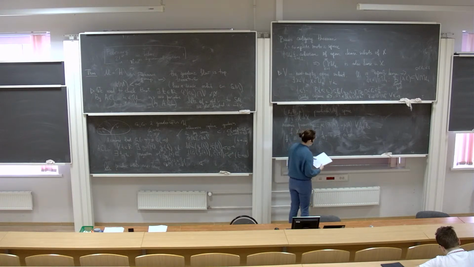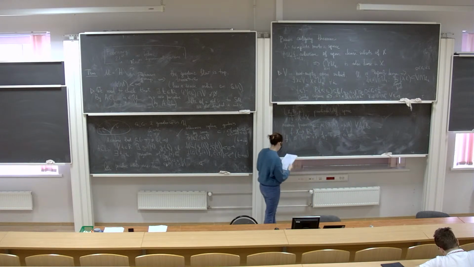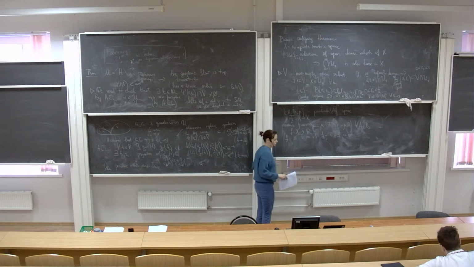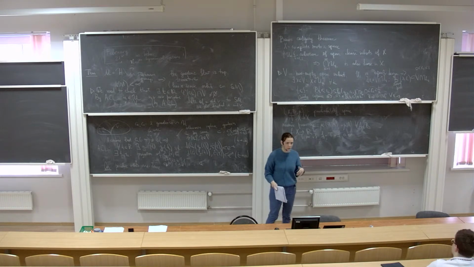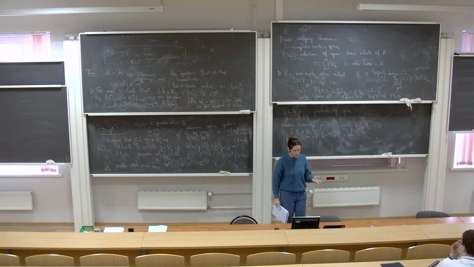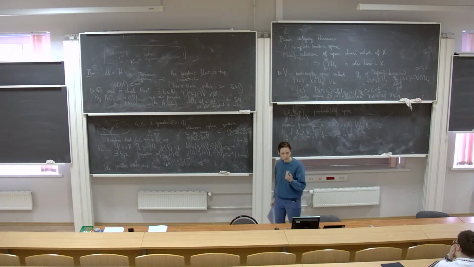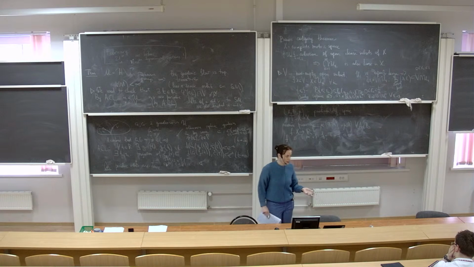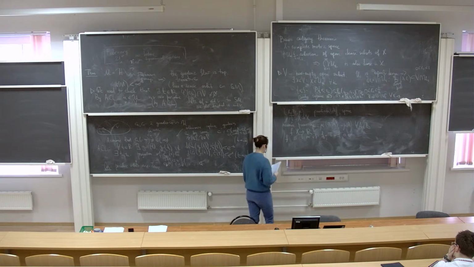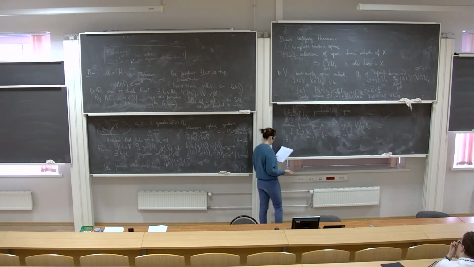So it means on a set of measure 1. And you know the definition of ergodicity that we introduced at the very first lecture, saying that all the invariant sets have full or zero measure. So there is an alternative definition.